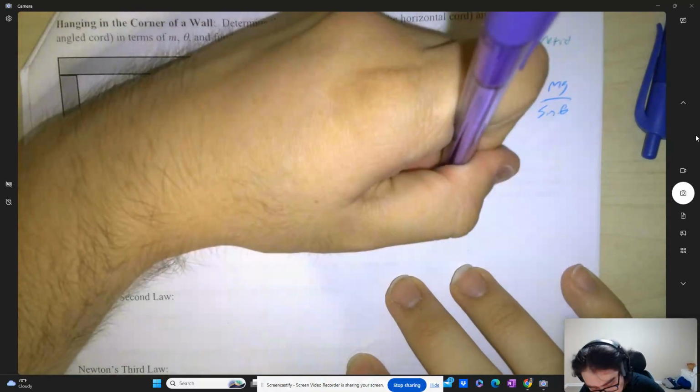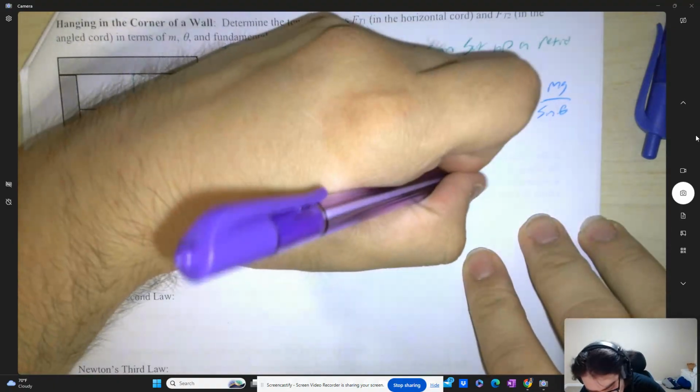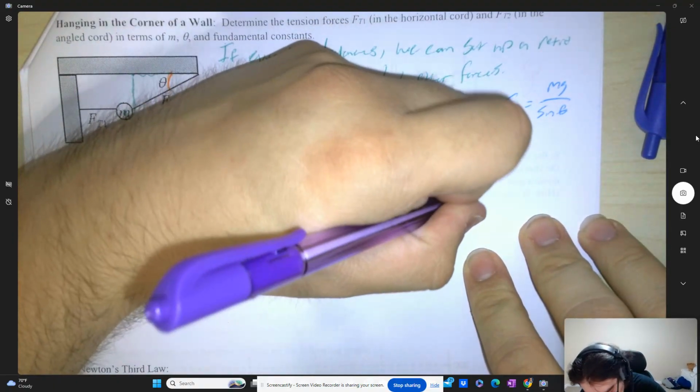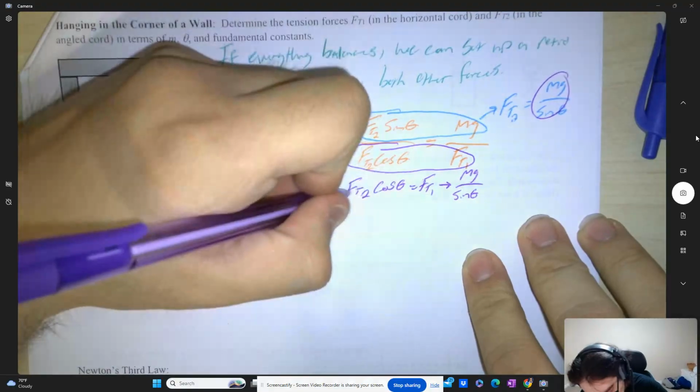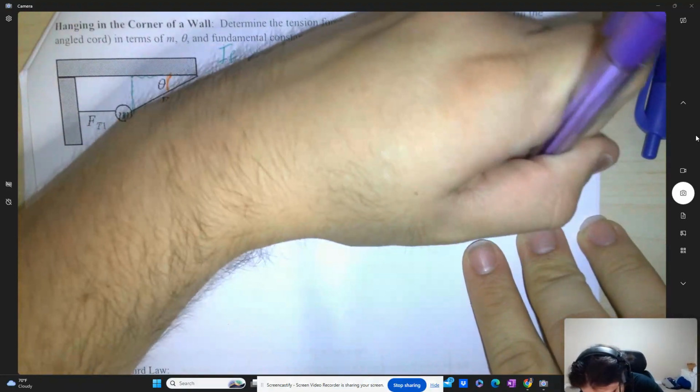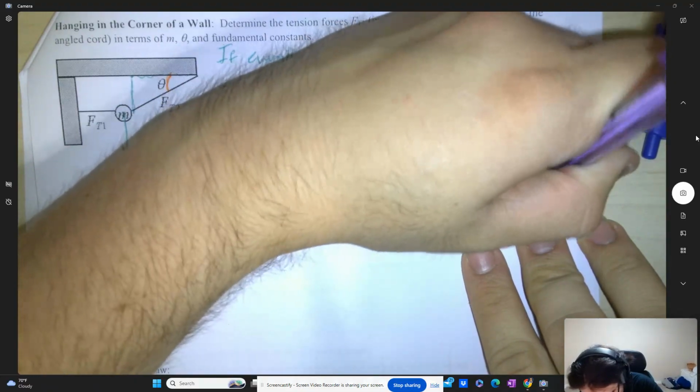I'm plugging in mg over sine theta for ft2. So mg over sine theta times cosine theta equals ft1.